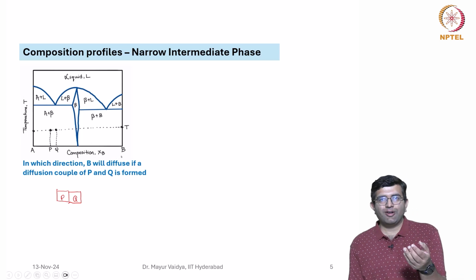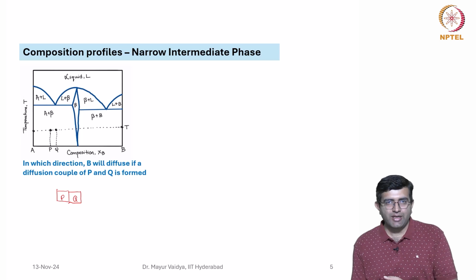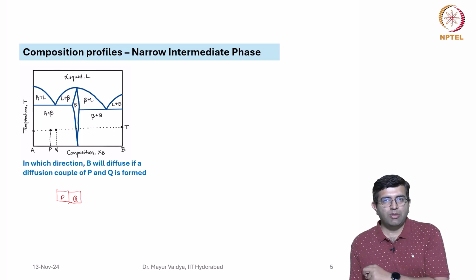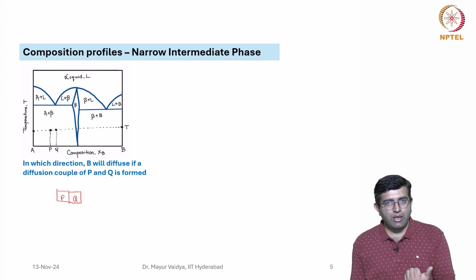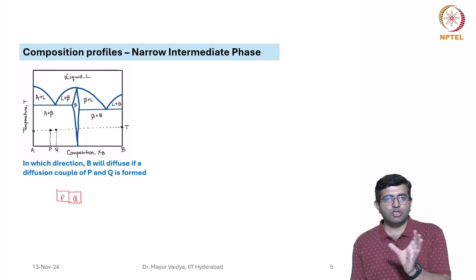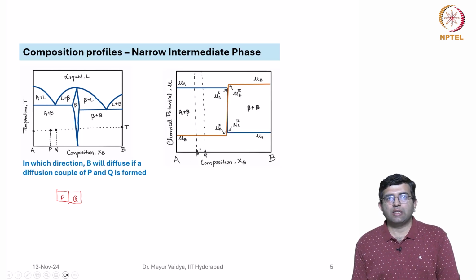Before you proceed with the video, think for a moment, because the answer is in the next second or so, but please pause and think for yourself whether B will diffuse from P to Q or from Q to P. The actual answer is that there will be no diffusion of B. Why is it so? The reason is present in this diagram.